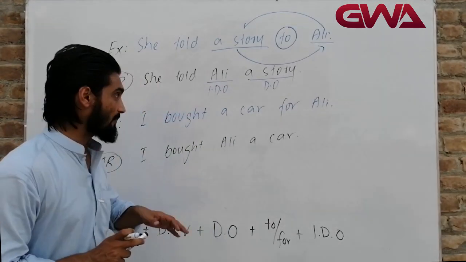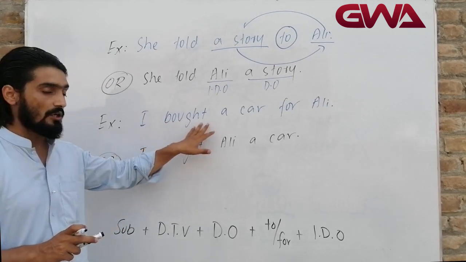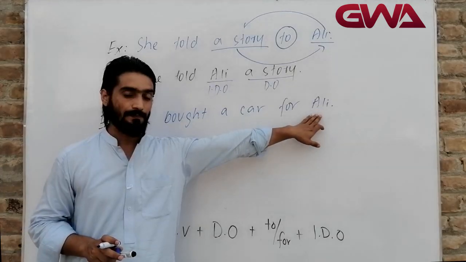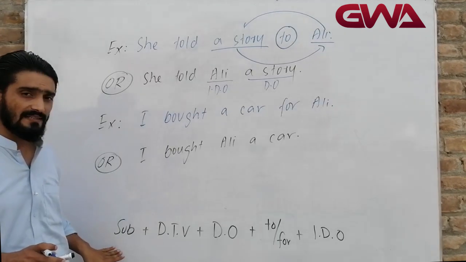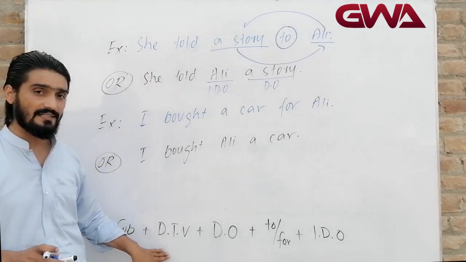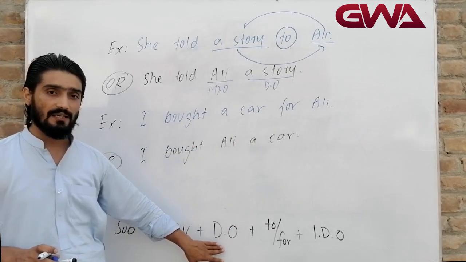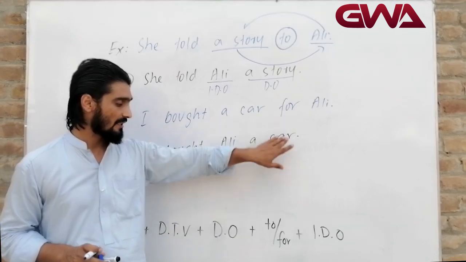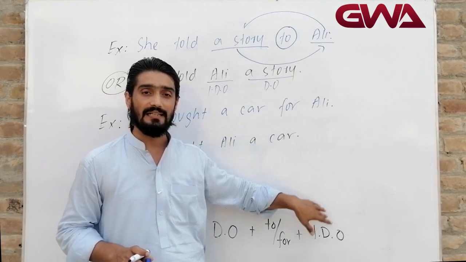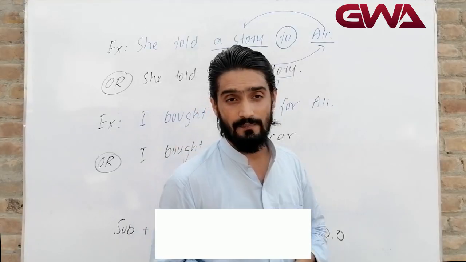Let's have another example. I bought a car for Ali. I is a subject, bought is a ditransitive verb, a car is a direct object, then a preposition, and then Ali is the indirect object.